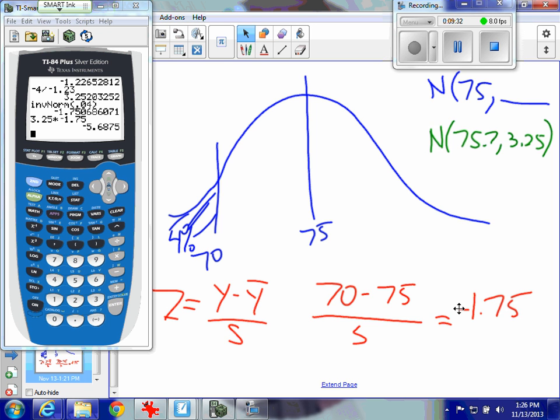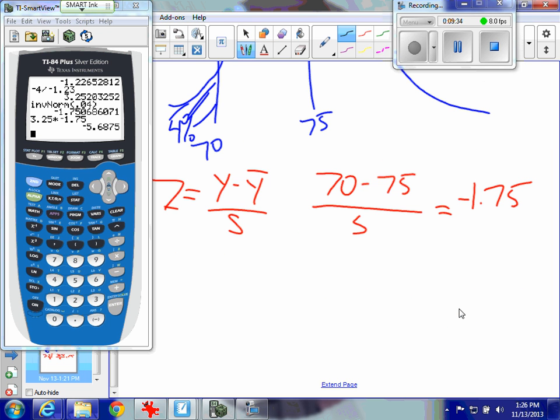What's my new standard deviation? Well, I'll multiply both sides of the equation by s. So I get negative 1.75 s is equal to negative 5. I did this subtraction up here. Did I go too many steps there? Is that okay?